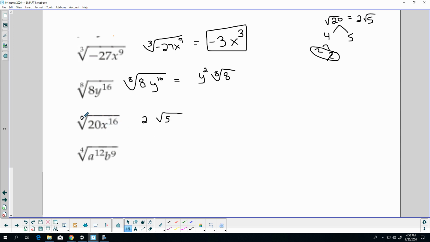As I said, my index is 2. 2 goes into 16 8 times. And on our last one, I'm going to have a to the 3rd, because 4 goes into 12 3 times evenly. 4 goes into 9 2 times, but you're going to have 1 left over, and that leftover one has to stay in the radical. And don't forget to write your index.